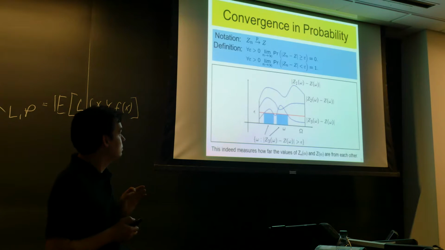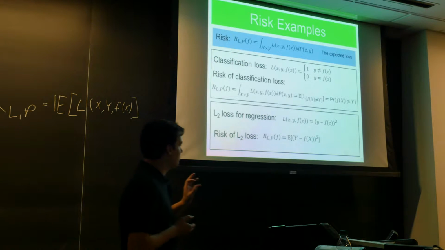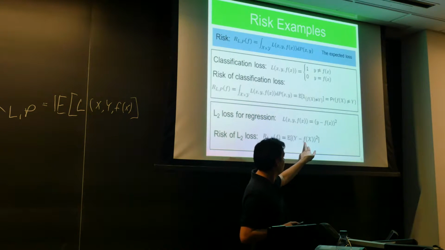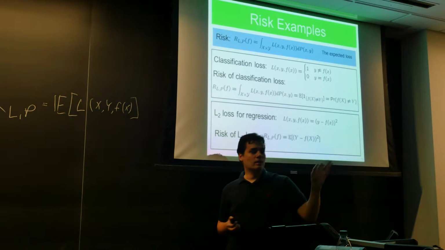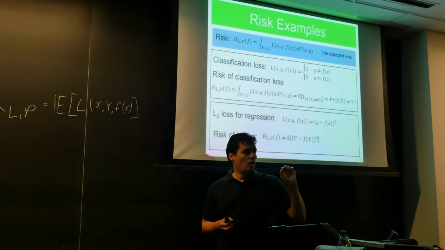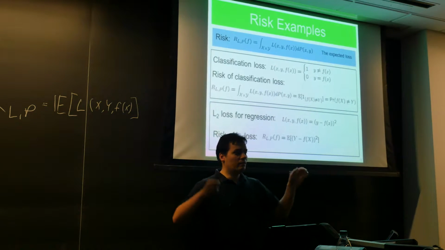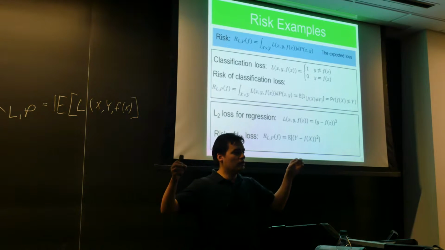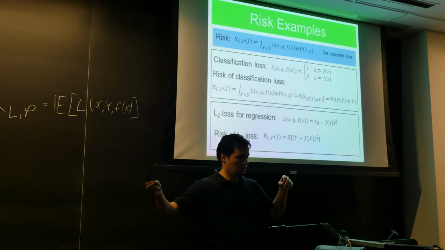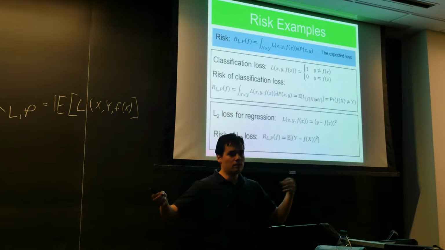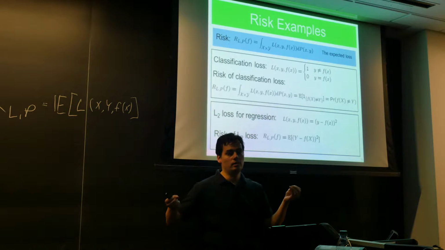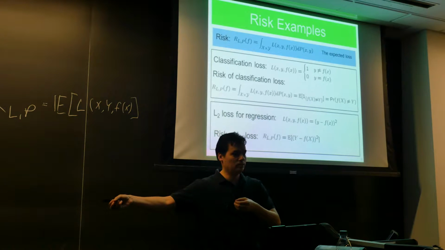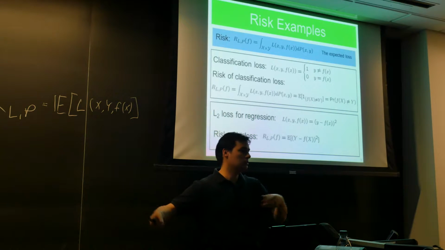Okay, and now comes this question: I can define the risk for any given function f. But what I want is for my learning algorithm to learn this function f from the training data. Because of that, this function f will not be a deterministic quantity anymore. It will be a random variable, which depends on your training data. For different training data, you would see different function f.